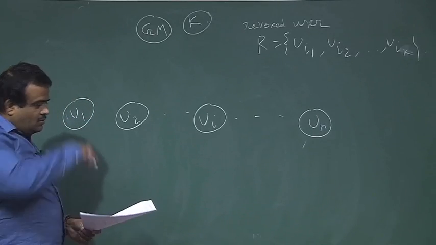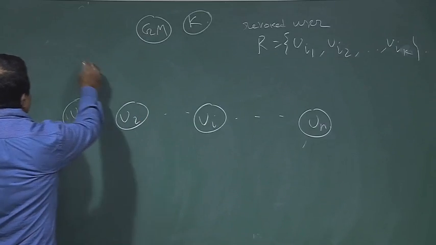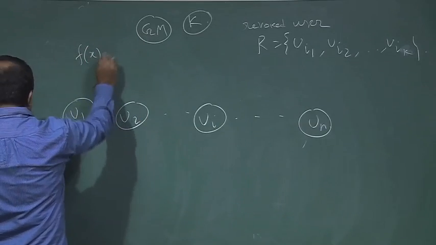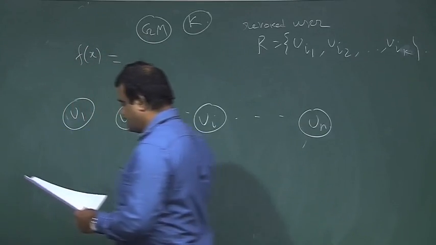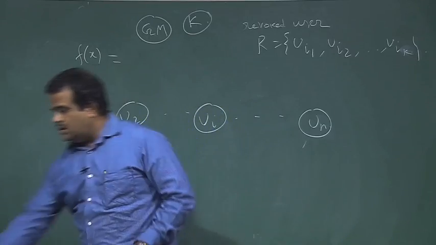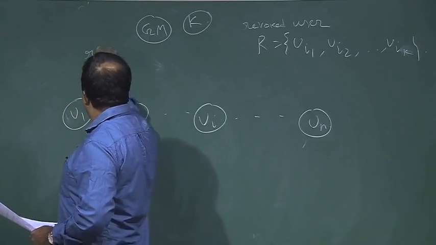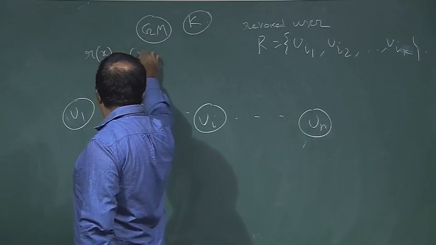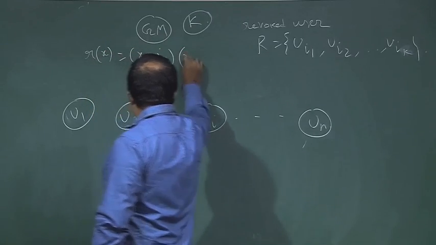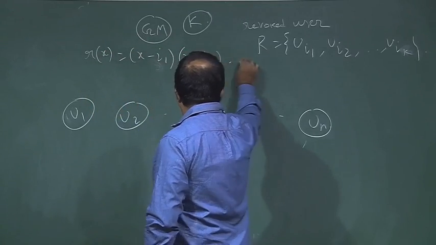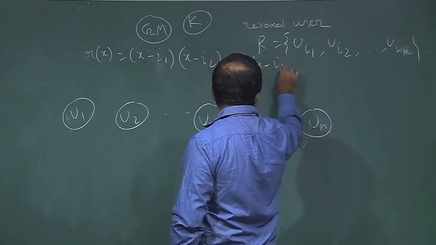So what will we do? The group manager will first compute a revoked polynomial R(x), taking the indexes of the revoked users, as the product of (x minus ik).